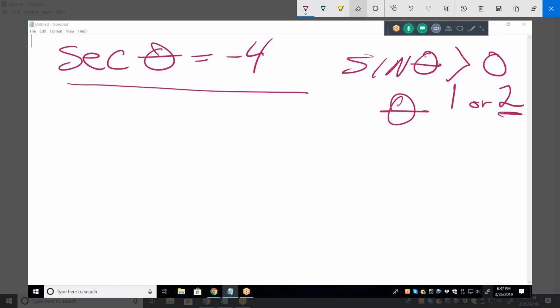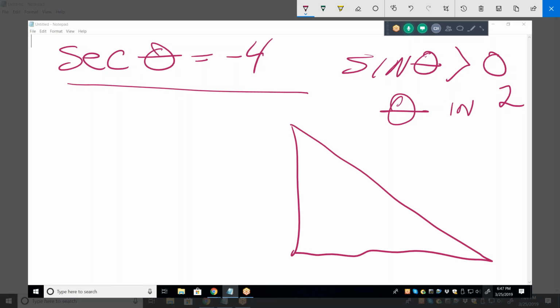Whereas in 1, secant would have been positive. So it's in 2. Instead of just telling you it's in 2, they gave you this information and you have to deduce that it's in 2. Let's get our triangle labeled before we go to the next one.